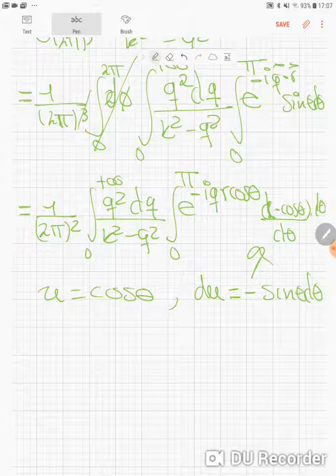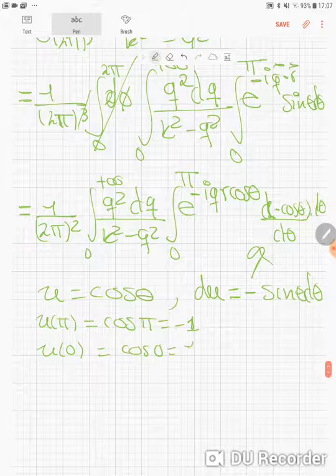When theta is π, u(π) is equal to cosine of π, which is minus 1, and u(0) is equal to cosine of 0, which is 1. So this minus sign is washed out by interchanging the limits: they go from 1 to minus 1, and if I put them from minus 1 to 1, I flip the sign and wash out the minus sign that I have here.